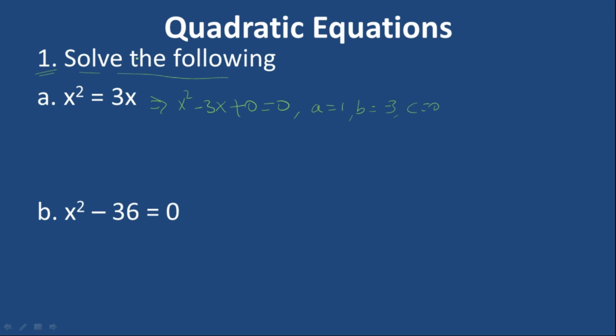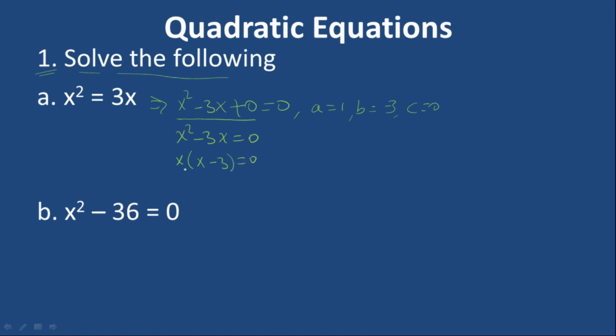To solve this, x squared minus 3x is equal to 0. Adding 0 to any number causes no change in the equation. Let me take the common factor from both terms: x times (x minus 3) is equal to 0.